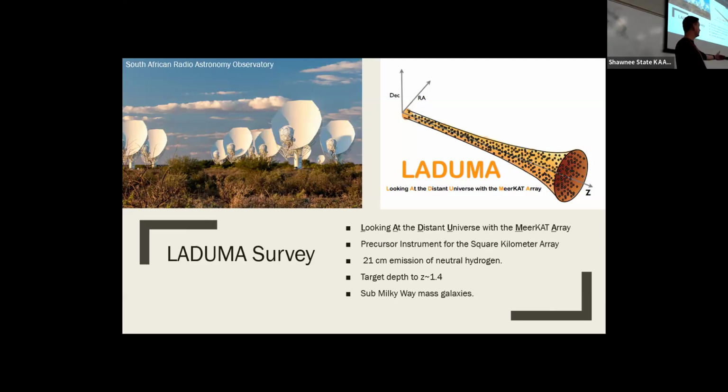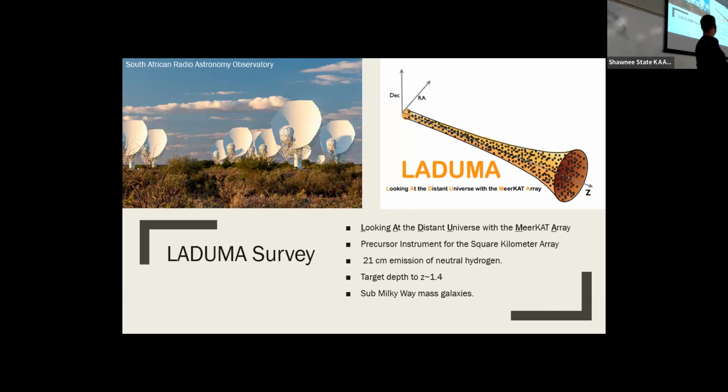We're going for direct detections out to a redshift of about 1.4. That will be the ultra high frequency band, which is not the data I am working with right now. I'm using the L-band data, which is all pretty local, but the further data will be coming in later.